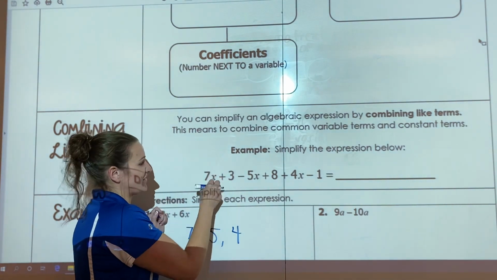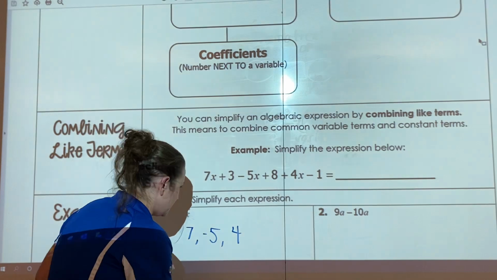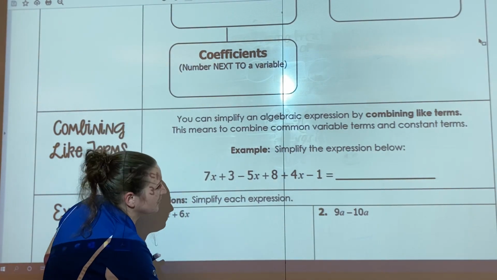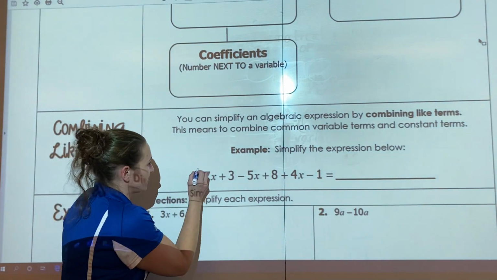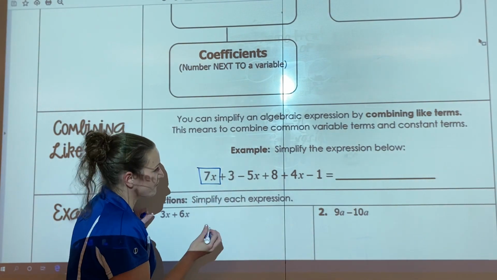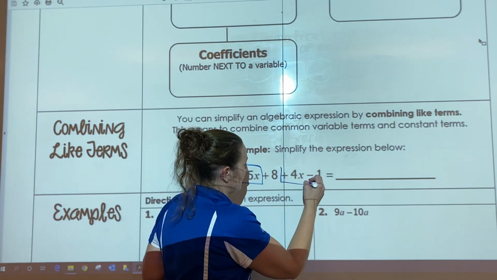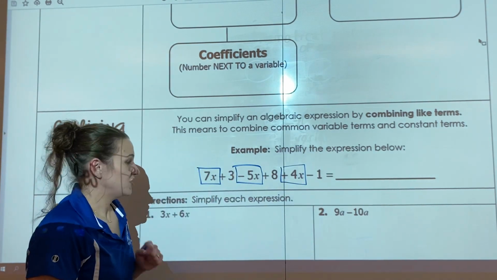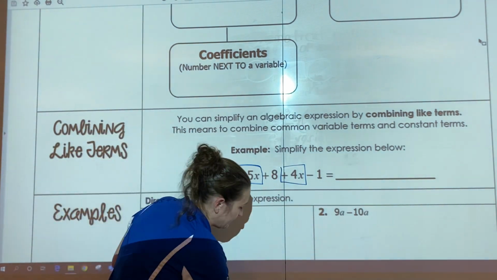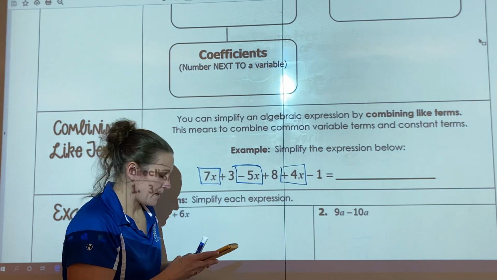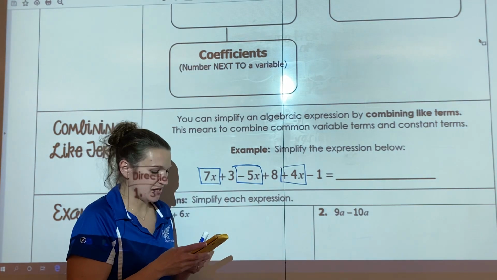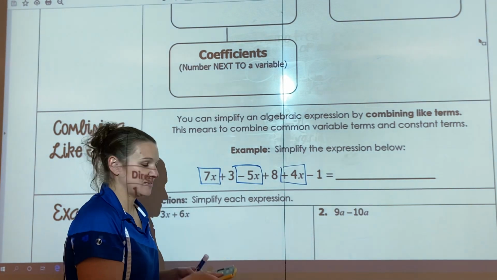All right, but we don't write that because it's understood. So let's combine our like terms and see what we get. Here's our 7 from before, our negative 5, a positive 4. So if I took my calculator, I took 7 minus 5 plus 4, I would get 6x.